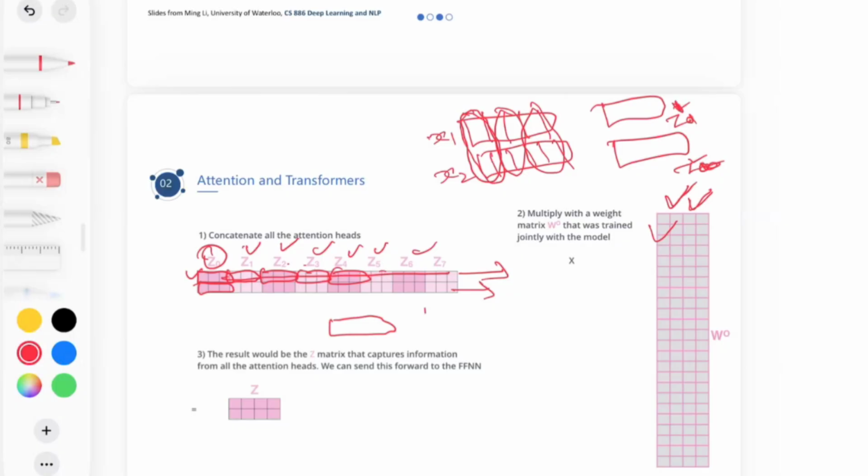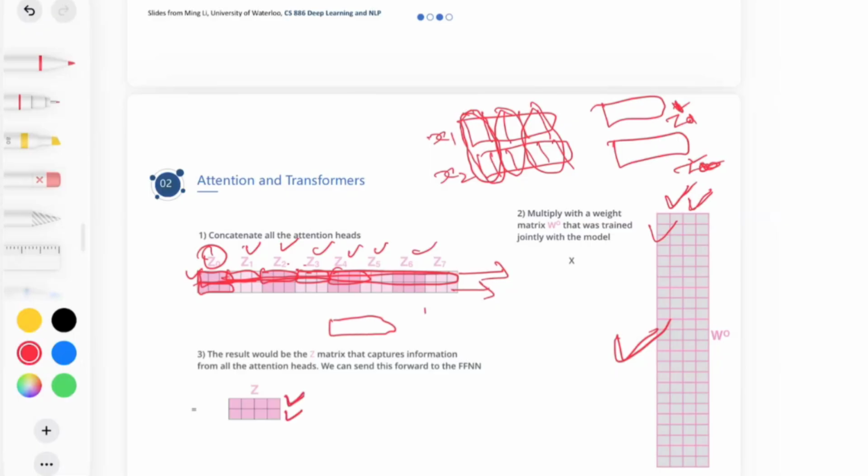That part was missing because we were just processing each part separately. So for capturing that relationship, that contextual information, again we apply one fully connected layer. This fully connected layer will take this and then it will learn. It will try to refine it or try to capture the contextual information. And finally, we are getting this.